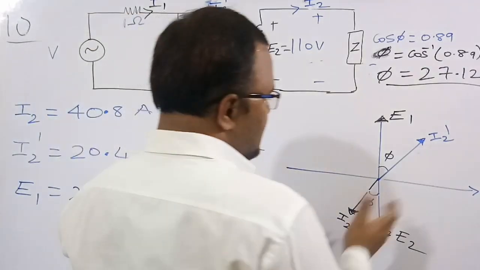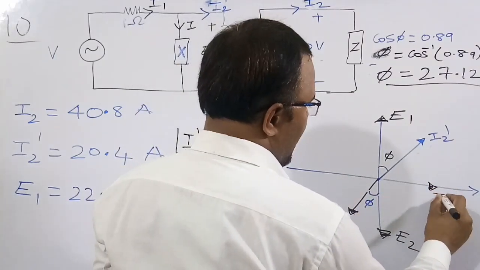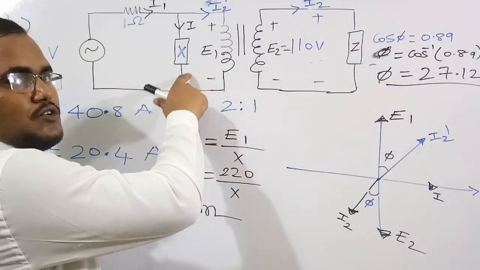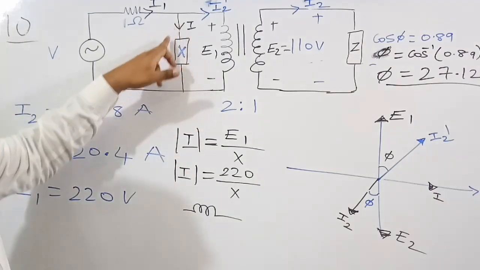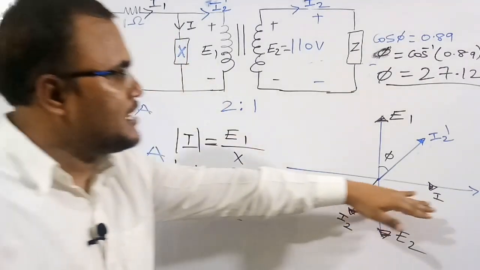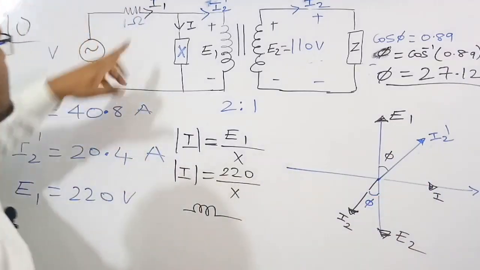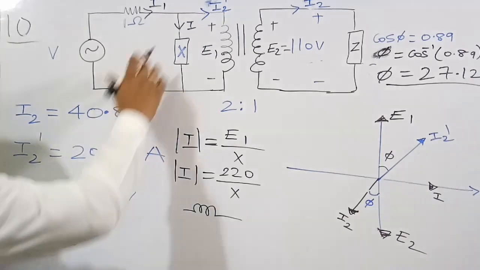So the current is going to lag here. This is I, the current through the reactor element. I assume this element as an inductor, so the current lags the voltage by 90 degrees.